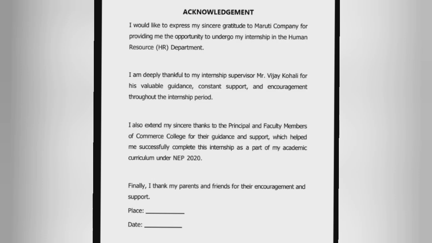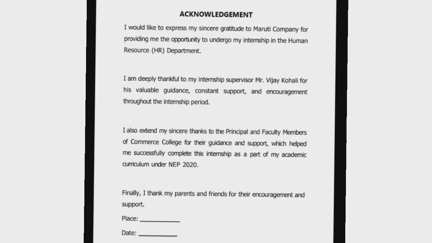Next page is the acknowledgement page. You express gratitude to thank the company, supervisor, college principal and faculty. This page shows professionalism and respect. You would write that I would like to express my sincere gratitude to Maruti Suzuki company for providing me the opportunity to do my internship in the human resource department.